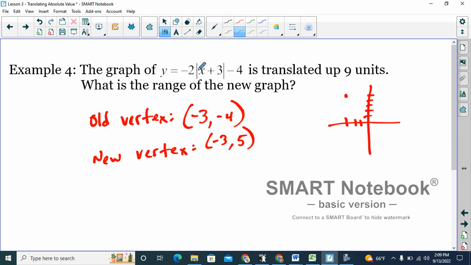And my V needs to open down with a slope of 2. I don't care about the slope that much, but it is important that it opens down. Therefore, the range of that new graph is -infinity up to 1, 2, 3, 4, 5, which makes sense. That's the y value here.